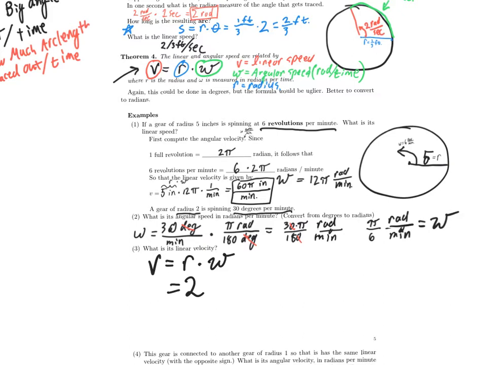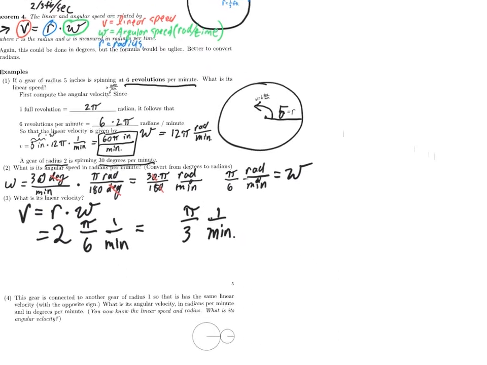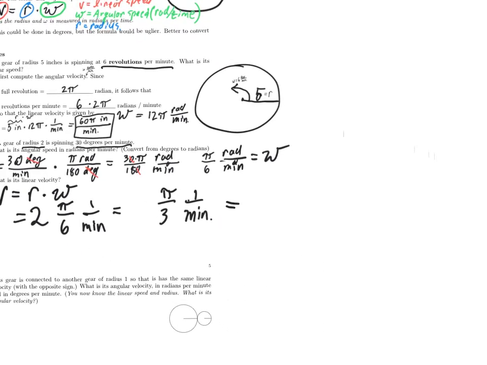And the angular speed, omega, is pi over 6 per minute. So you simplify this all out, it looks like you get pi over 3, and I'd be happy writing this as 1 over minute. No unit of distance is specified. If you're more comfortable making up a name for a unit, pi over 3, whatever the units being used are per minute.